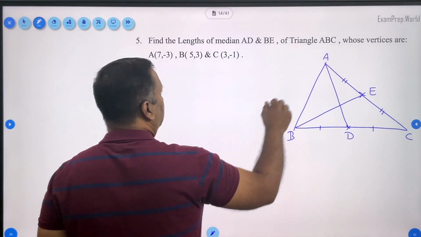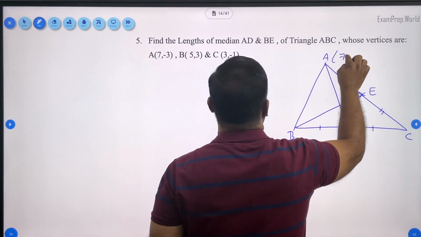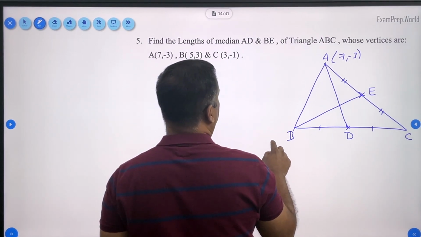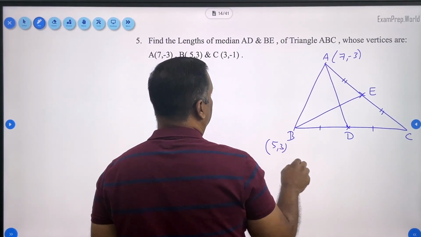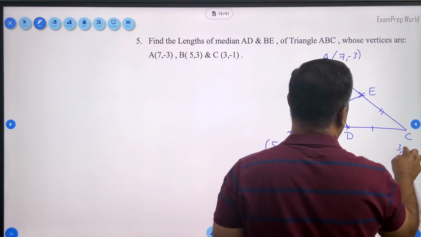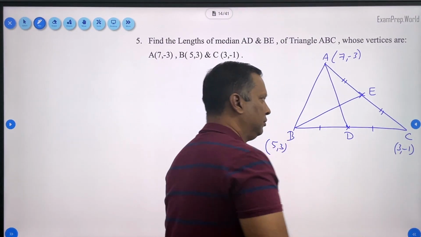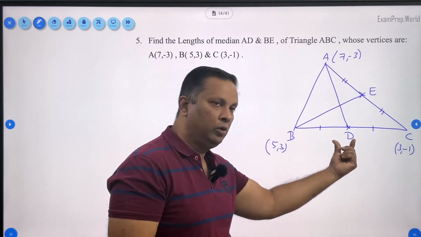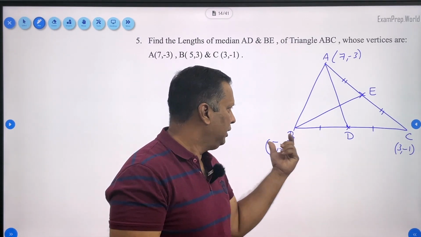Very, very easy. So A is (7, -3), B is (5, 3), and C is (3, -1), right? Because we have to find the length of AD, you need the coordinates of D, and D is the midpoint of BC.